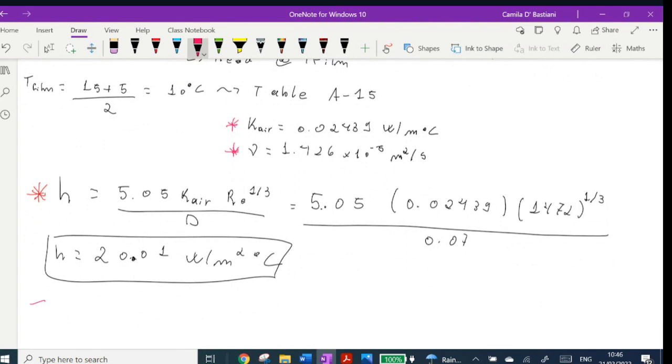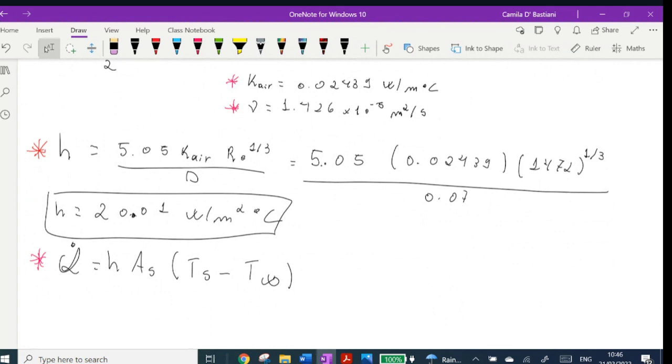And now we find the Q, the heat transfer rate. H, the area of the surface, temperature of the surface minus temperature of the air. My heat transfer coefficient, 20, I'm going to round that to 20 watts per meter square degrees Celsius. My area here is the area of a sphere, okay?